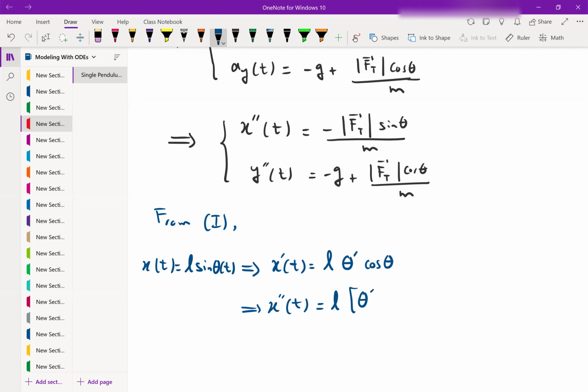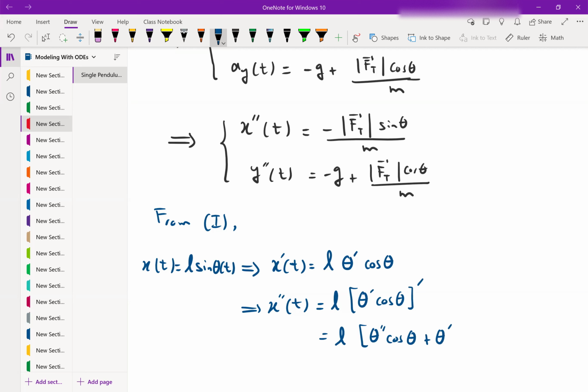I have to take the derivative of this product, so it will be L times the derivative of the first term, theta double prime, times the second term, plus the first term times the derivative of the second term.